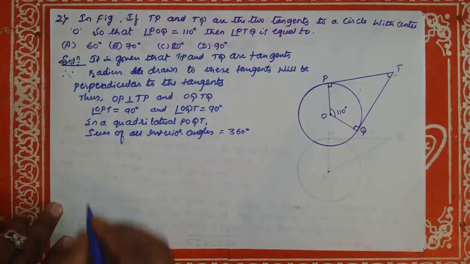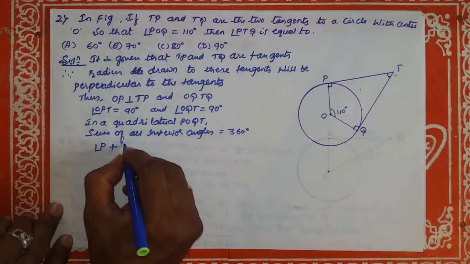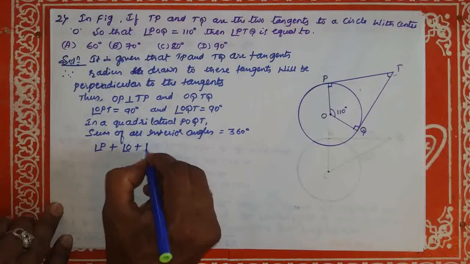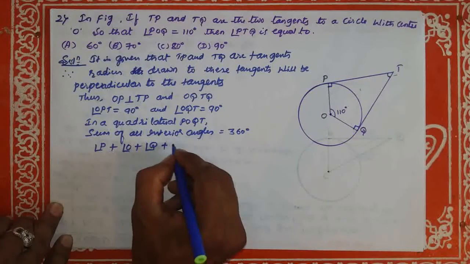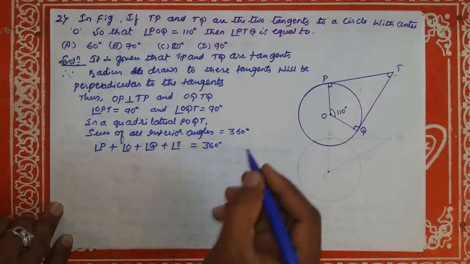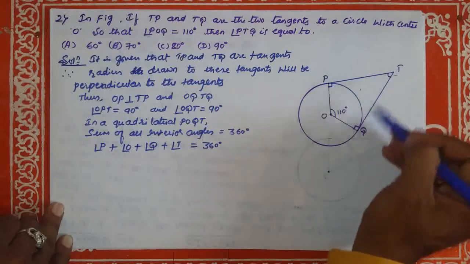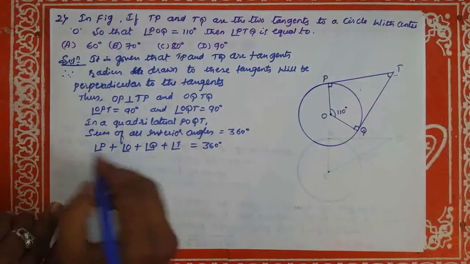Therefore, angle P plus angle O plus angle Q plus angle T is equal to 360 degree. We are finding angle T, which is angle PTQ.